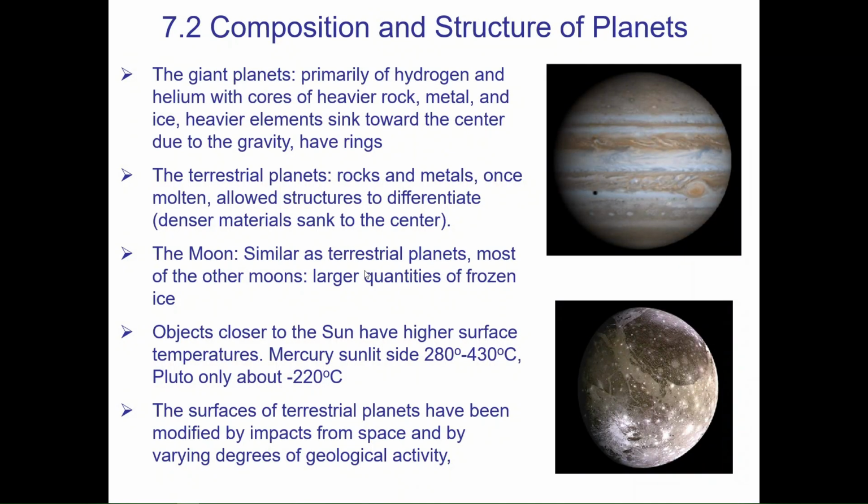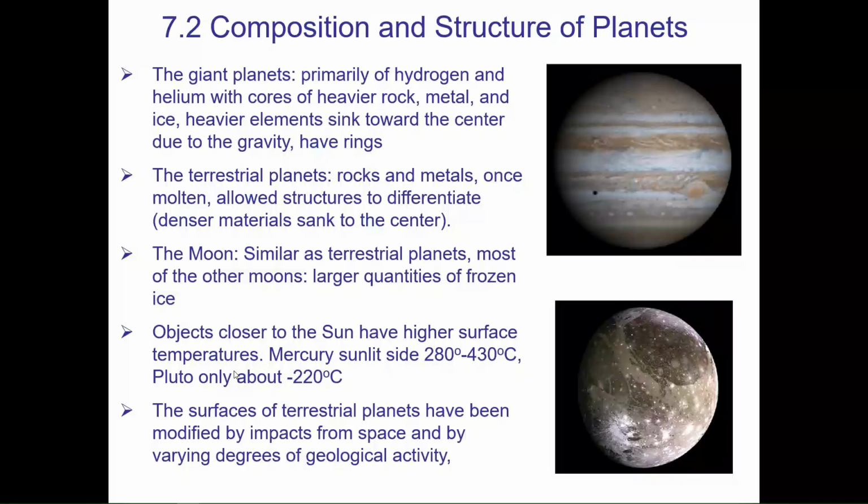This can be explained by the distance they are from the sun. It is pretty straightforward that objects close to the sun receive more energy from sunlight, so they have a higher surface temperature overall.